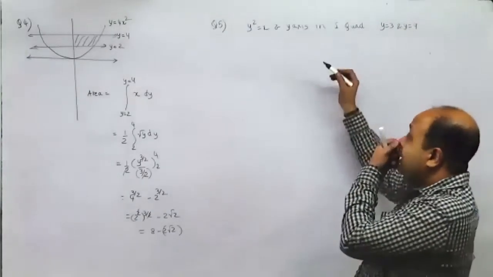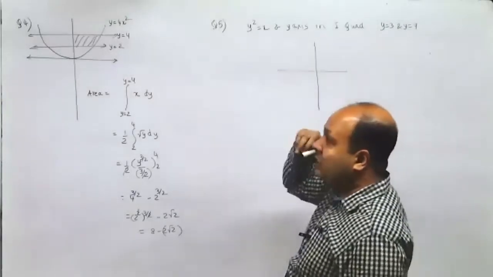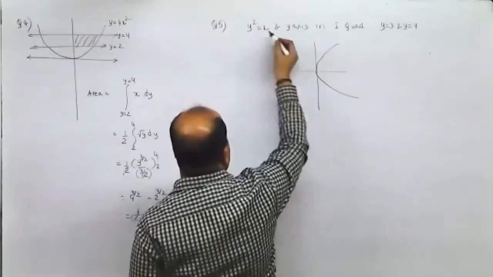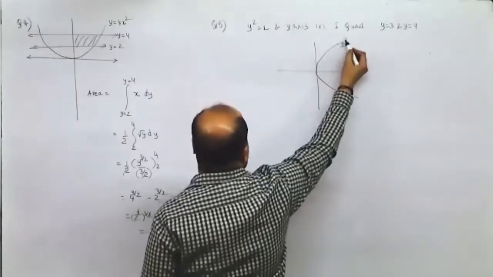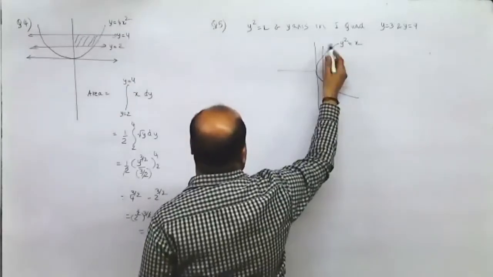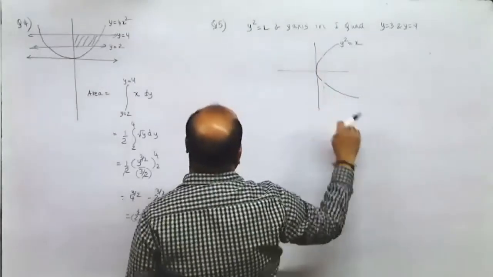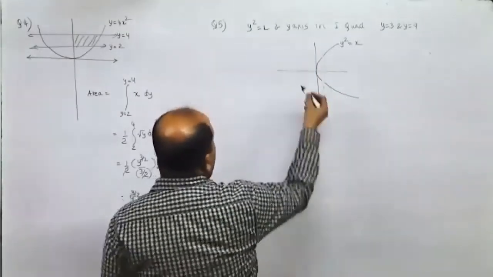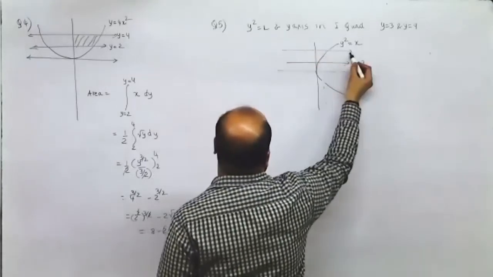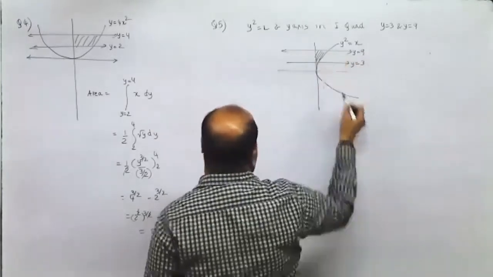Here, y square equal to x is symmetrical about the x axis and the positive x axis, since it is x. y equal to 3 is a line parallel to the x axis, and y equal to 9 is also a line parallel to the x axis. You need this particular area in the first quadrant.